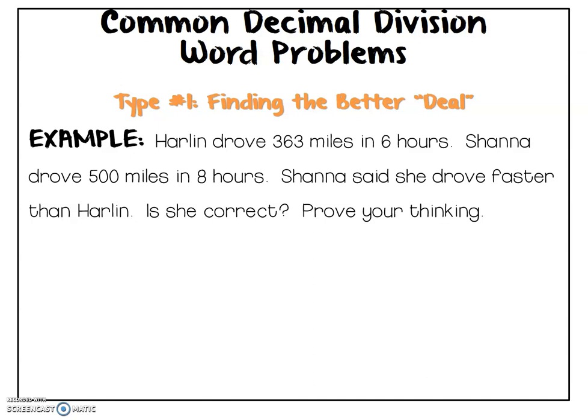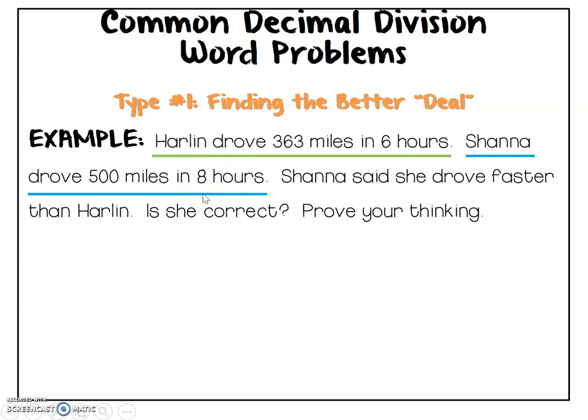So as I go line by line, I can look at each person more closely. The first sentence says Harlan drove 363 miles in 6 hours. The second sentence says Shanna drove 500 miles in 8 hours. I'm going to need to use division to find the speed, or the miles per hour, that each person drove, because I can't compare 6 hours to 8 hours.